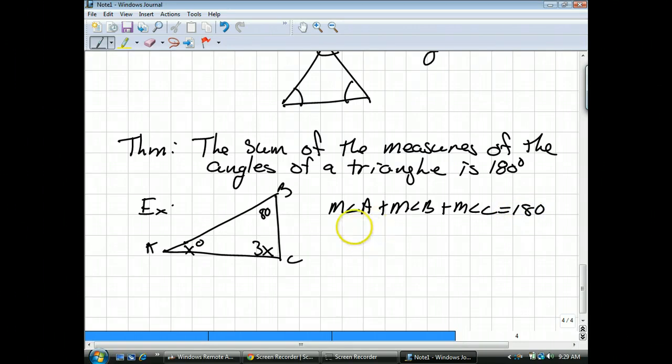And angle A is x, angle B is 80, and angle C is 3x. And so now we can solve for x.